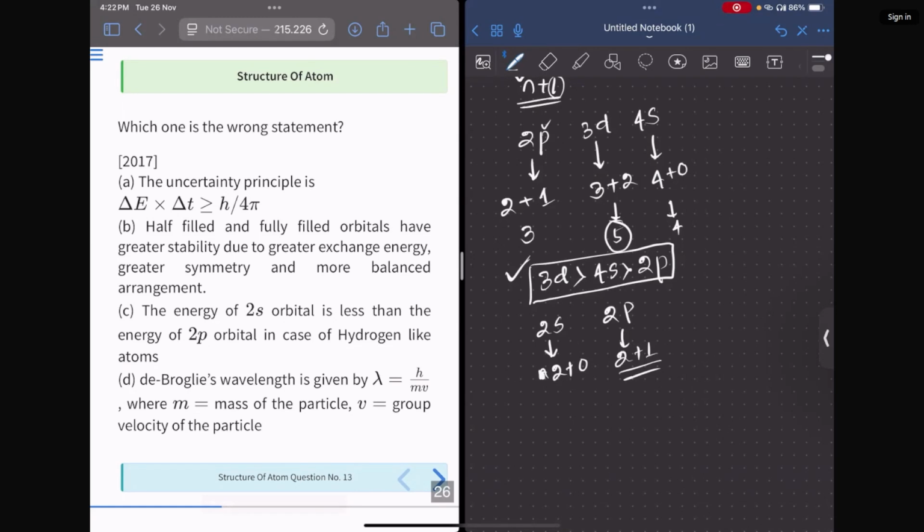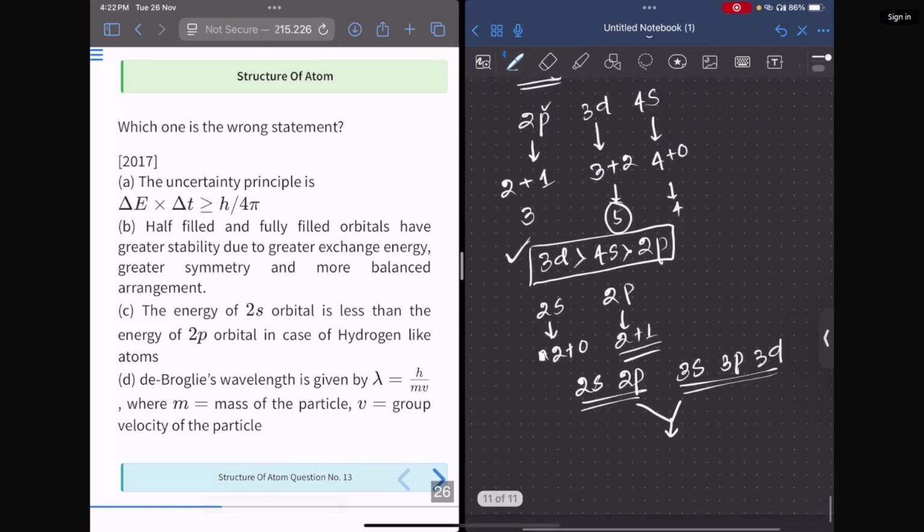Degenerate orbitals means all the orbitals with the same quantum number have the same energy. So 2s and 2p have the same energy, and 3s, 3p, 3d have the same energy, only in hydrogen and hydrogen-like atoms or single electron systems.